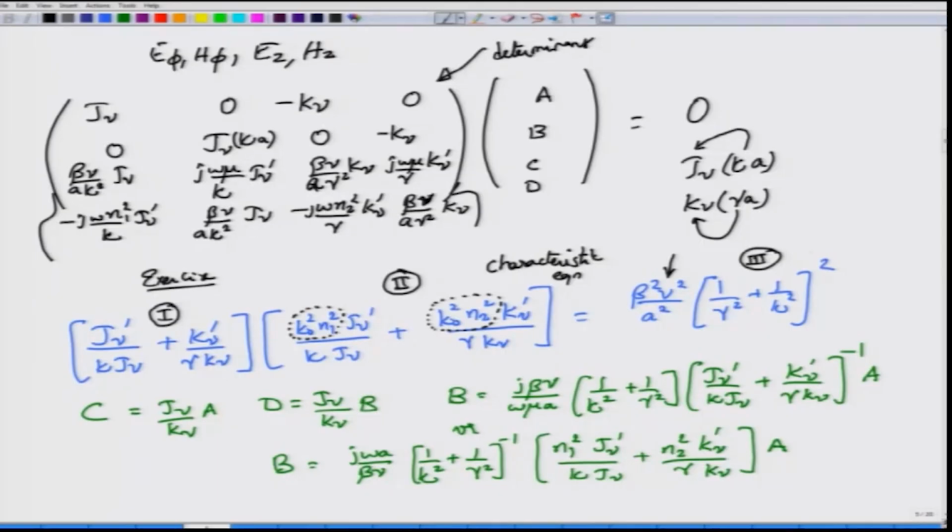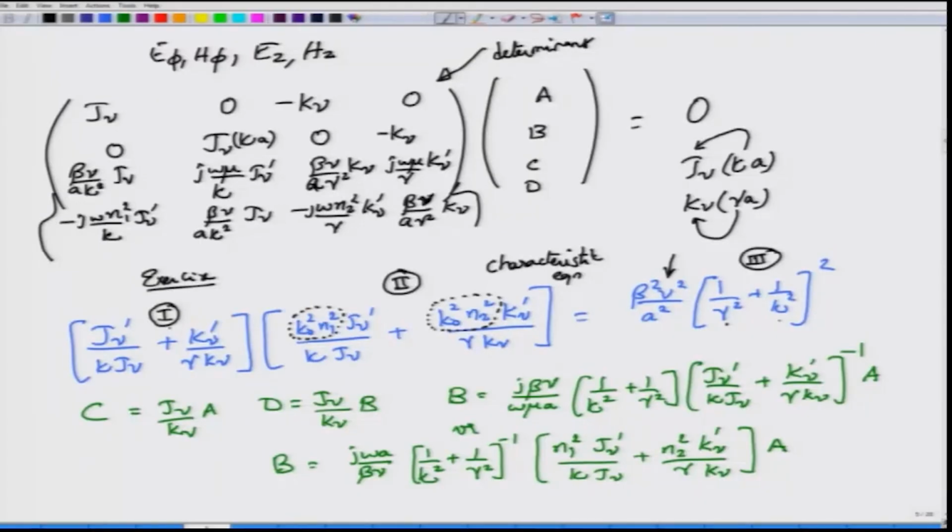But anyway, this is the equation that you need to solve to find the value of beta, and this is much more than a transcendental equation, because beta is not just explicitly sitting here, but is also sitting in gamma square and kappa square, and furthermore these kappa and gamma themselves are the arguments of the Bessel function.